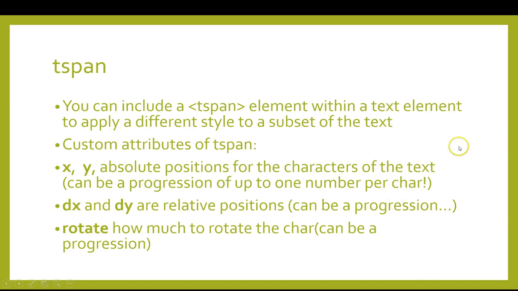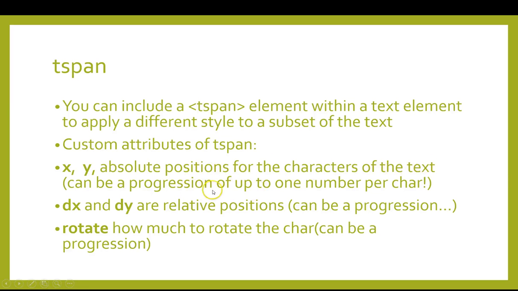There's a sub element called tspan, which is short for text span. This works the same way that the span element does in HTML. It just allows you to mark an arbitrary string of text to apply a style for it. It has some custom attributes of its own. X and Y, which are the absolute positions for the characters of the text.